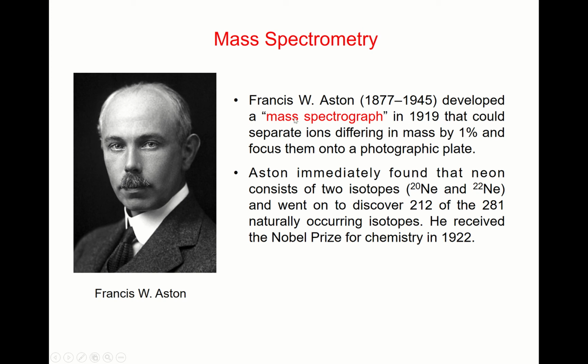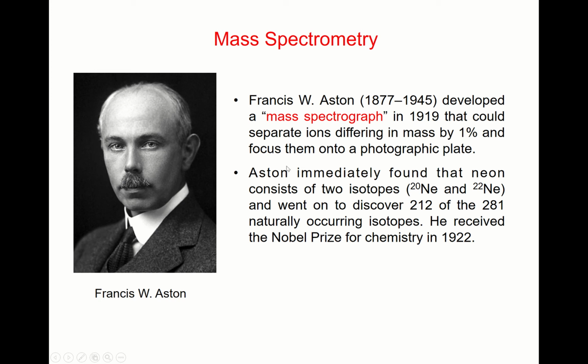He developed mass spectrographs in 1919, and he developed a way to separate ions differing in mass by 1%. At the time 1% was small, but by today's standard, 1% is nothing. We can do much better. And he focused them onto a photographic plate. It was more than 100 years ago.